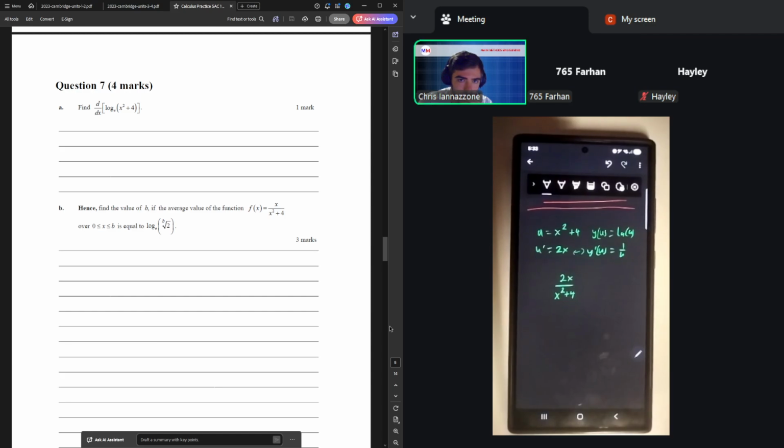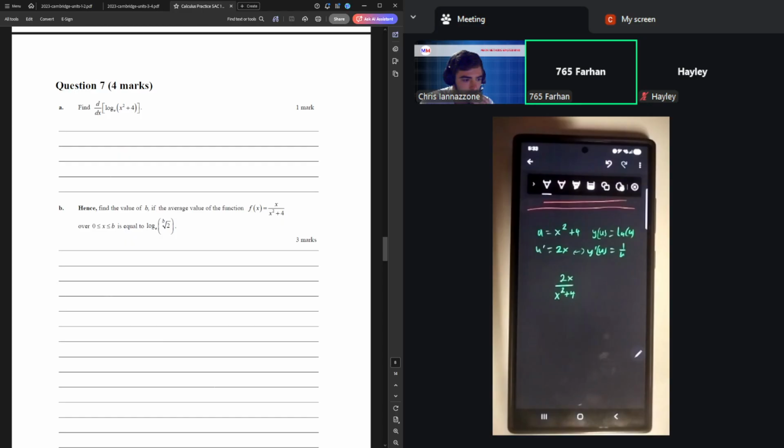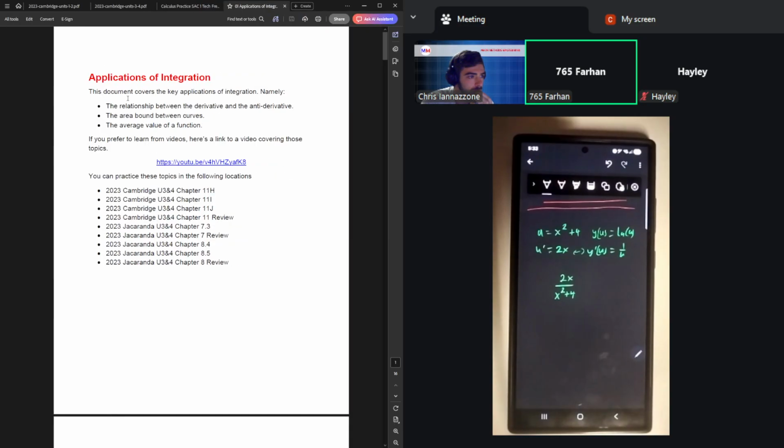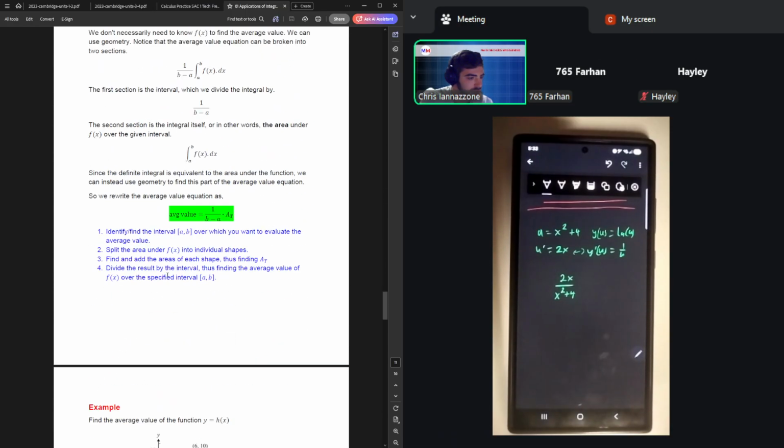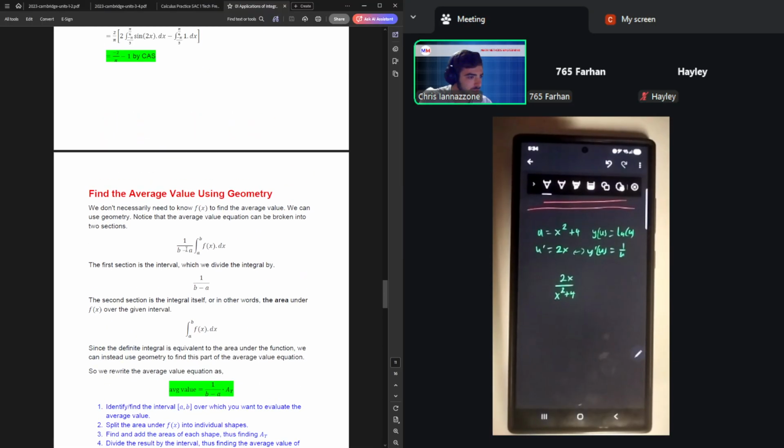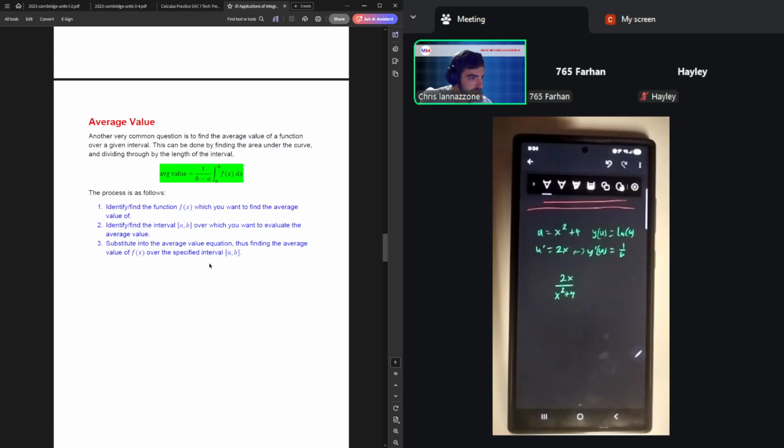I guess we have to find the sum of it. And wait, no, I can't remember. That's fine. So that's probably why you were stumped here. The average value is somewhere in the applications of integration.